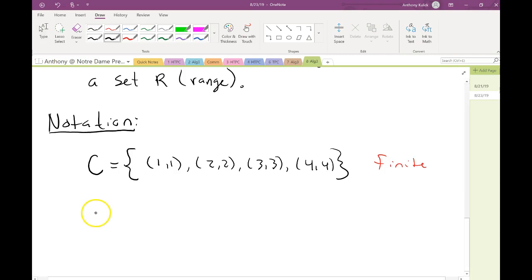But again, relations could also be infinite. So let's do another example there. So I'll call this set D. And I'll start with my curly bracket. In this case, the members of this set are ordered pairs, right? So the things in my set are going to look like x, y's.